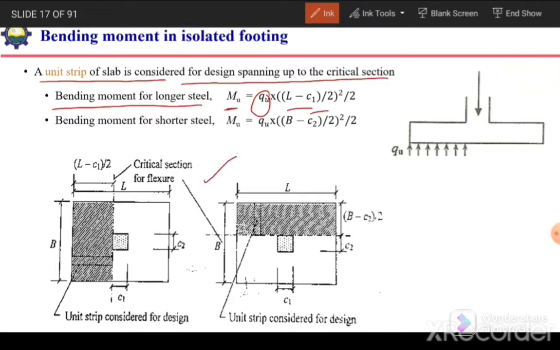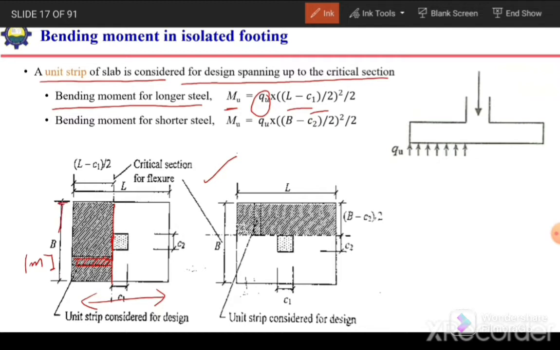So we need to understand this from the figure. In this direction, the critical section will lie at the face of the column. So this will be the critical section, and we need to consider this unit strip for the design. The width of this strip will be 1 meter if we are using SI units.